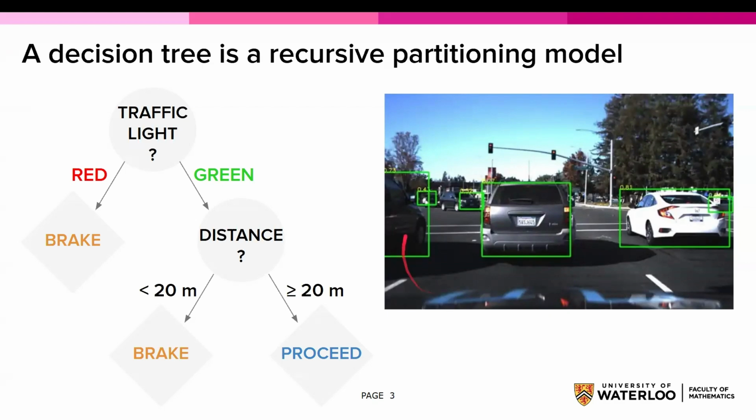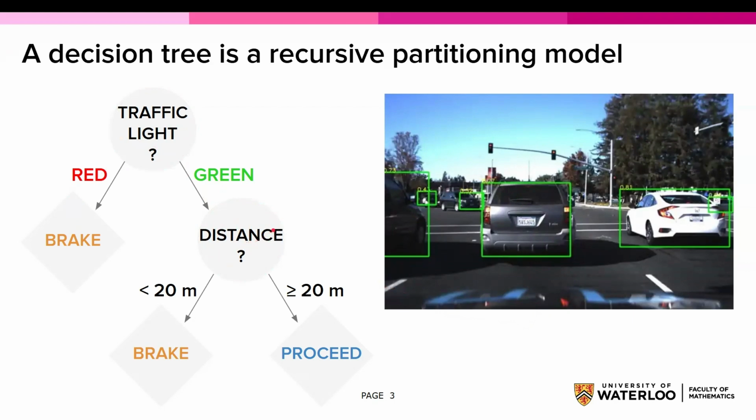In the context of this vehicle at an intersection, let's see how such a model can be used to make transparent and interpretable decisions. The idea is that the problem gets broken down into a series of binary decisions, such as whether the traffic light is red or green, and then whether the distance to the vehicle is less than some amount, say 20 meters.